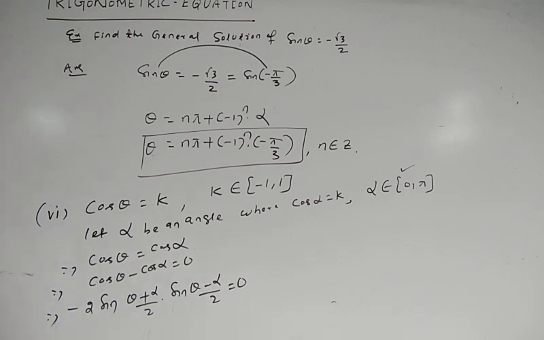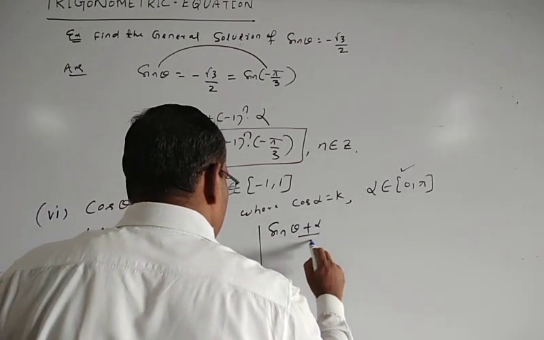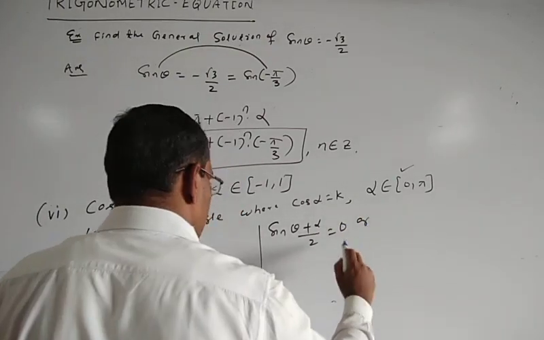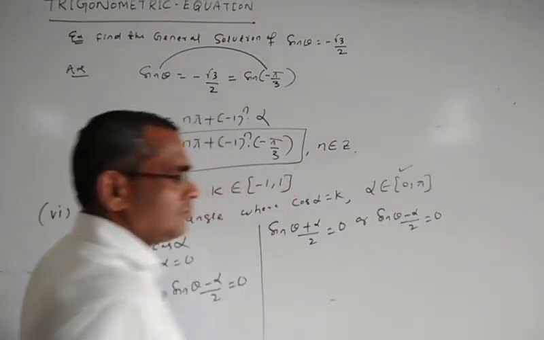That implies sin of theta plus alpha by 2 is equal to 0 or sin of theta minus alpha by 2 is equal to 0.